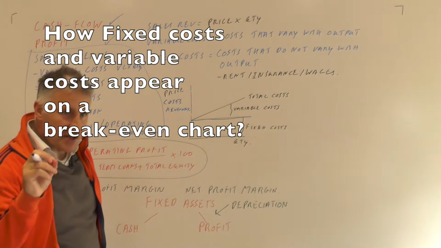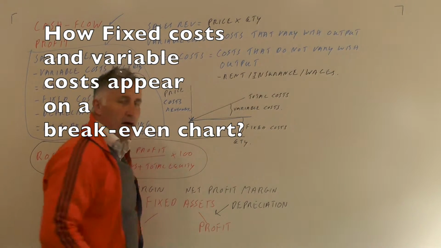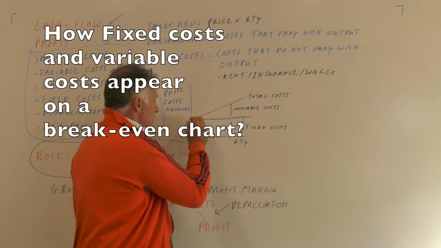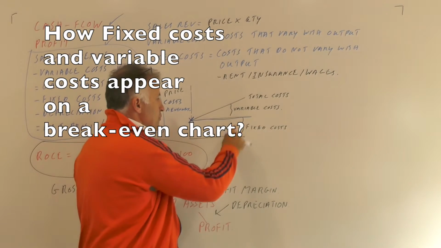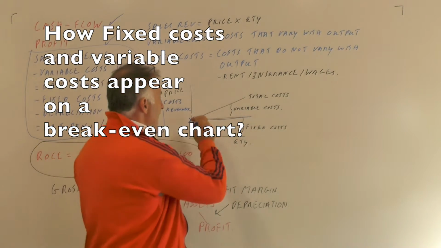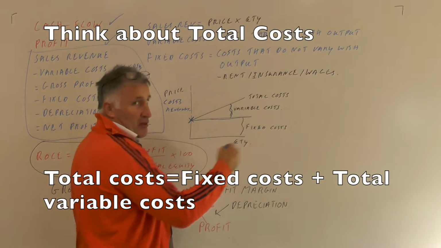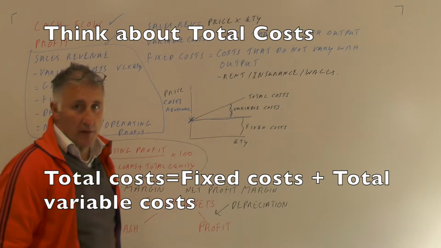But what candidates tend to miss out on is that the total cost line must start there, because even if you produce no output at all, you still have to pay all of your fixed costs. If you sell nothing in the year, your loss will be the level of the fixed costs. Whereas your variable costs, as you can see here from here to here, will vary with output, and obviously the more output you produce, the higher the variable costs will be.